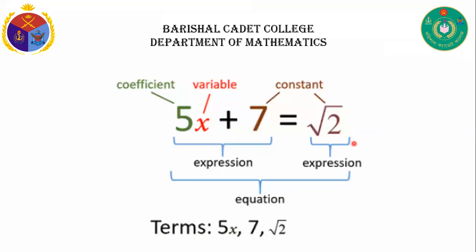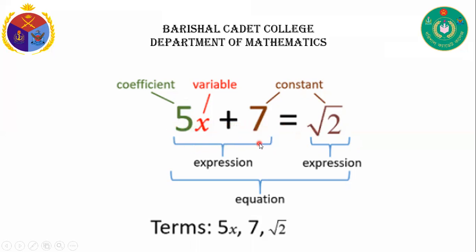Okay, now boys, from this picture you can say what we learned today: it is an equation, a simple equation. Here x is a variable, 5 is the constant coefficient of this variable, and here 7 is a constant, root 2 is another constant.